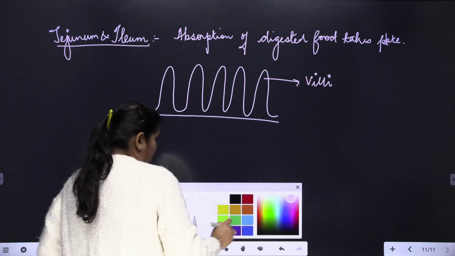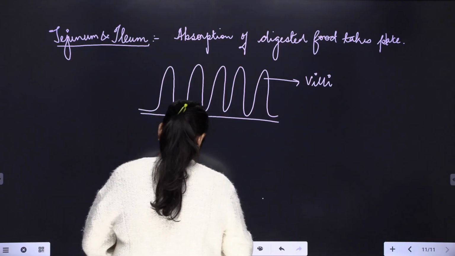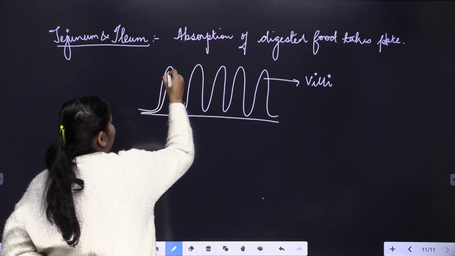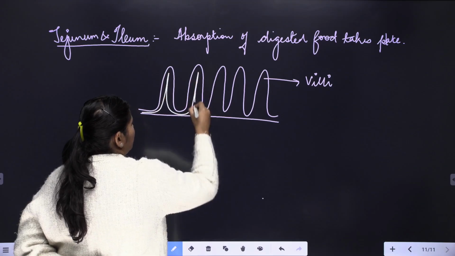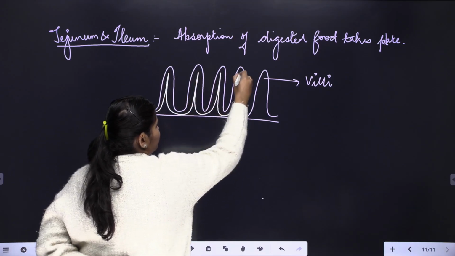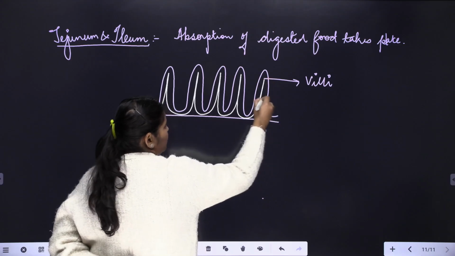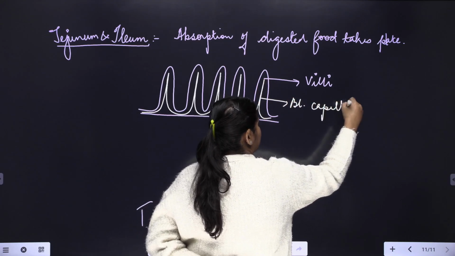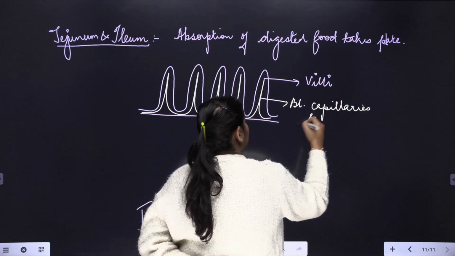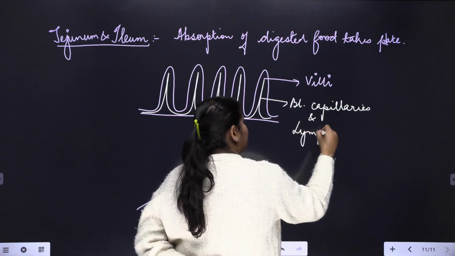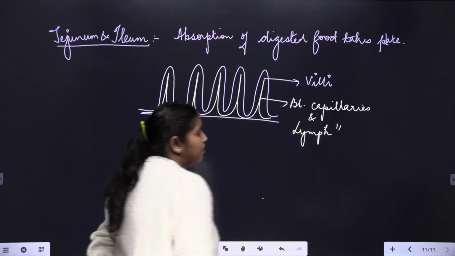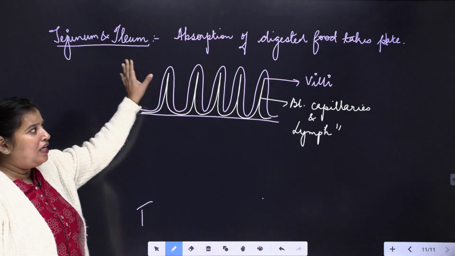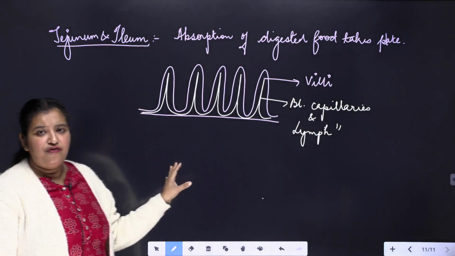These villi are richly supplied with the blood capillaries and the lymph capillaries. Alright, so the small intestine, this part, jejunum and ileum, has a large surface area.